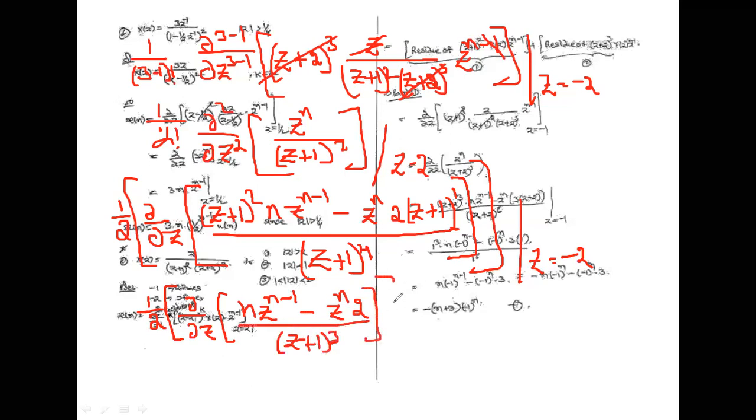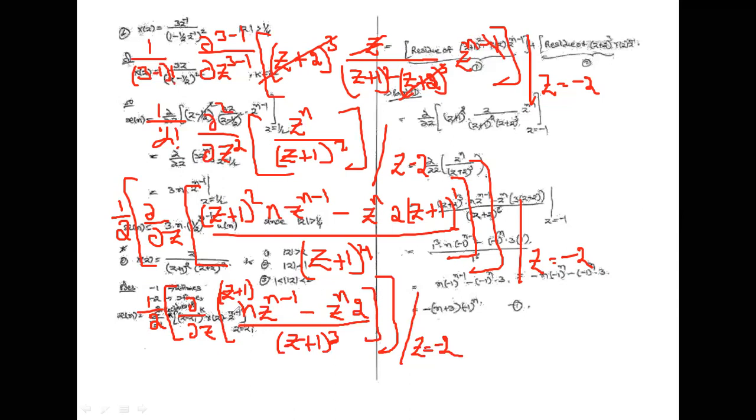Got it, my dear students? At z is equal to minus 2. So I take here the z plus 1, because the square is there. Z plus 1 into n into z power n minus 1. Got it?